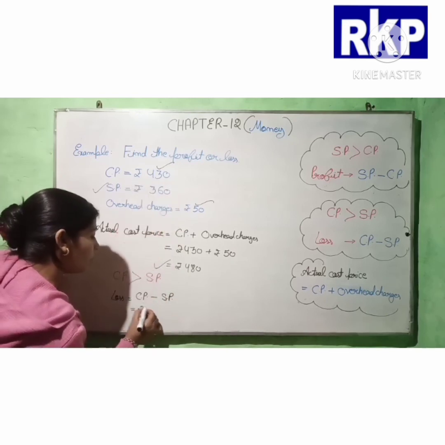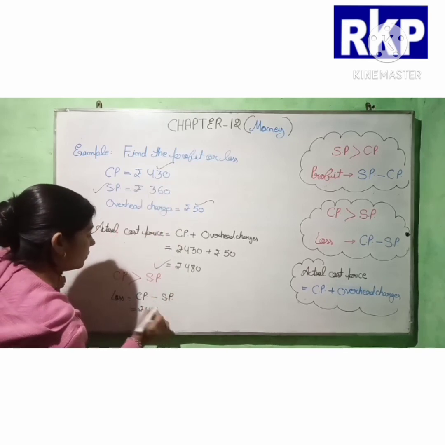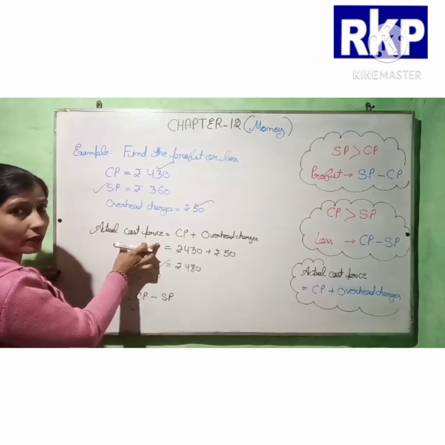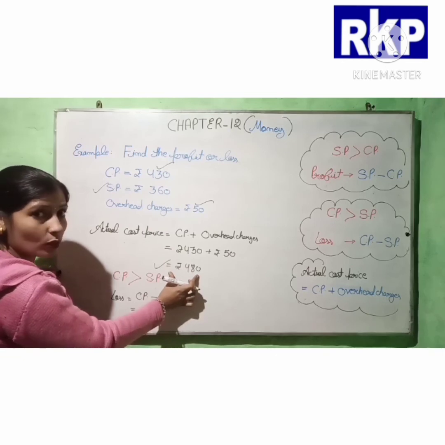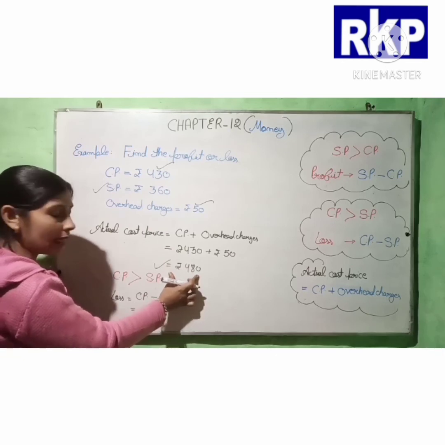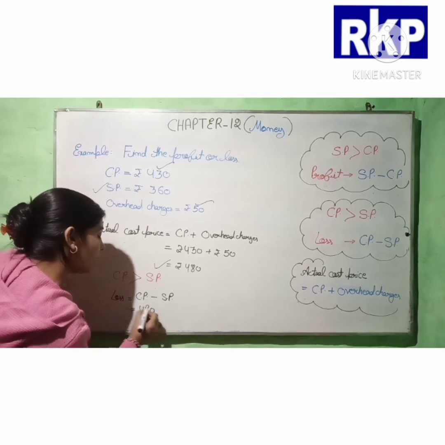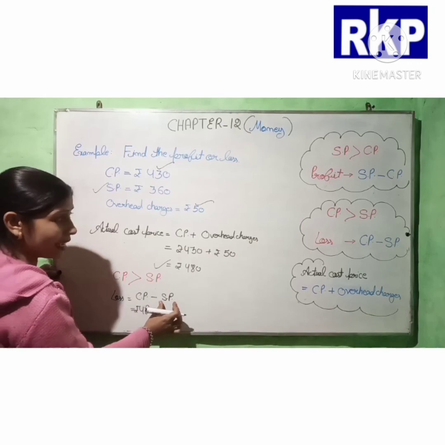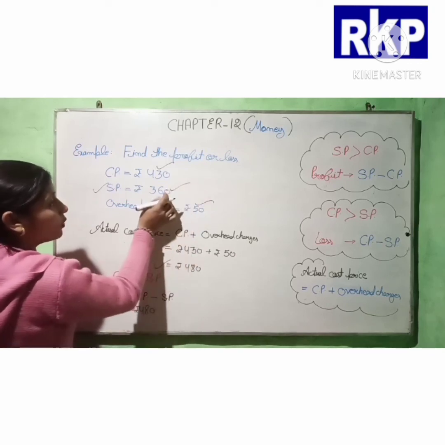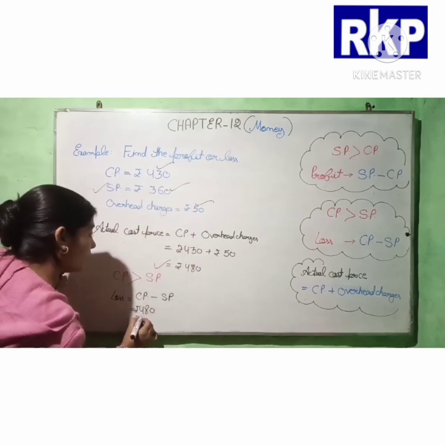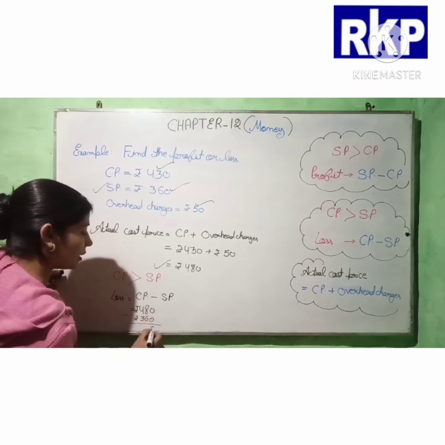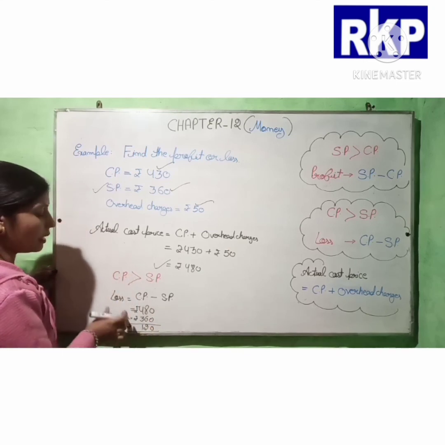Sorry, here we have the actual cost price, beta. What is the actual cost price? Rupees 480. So we write 480 rupees and then subtract SP. What is the value of SP? Rupees 360. After subtracting, we get 120 rupees as loss.